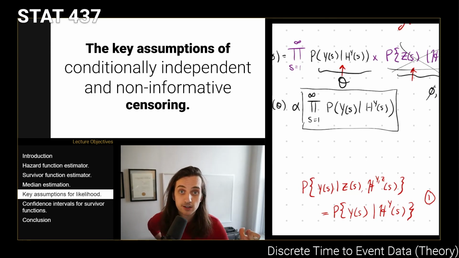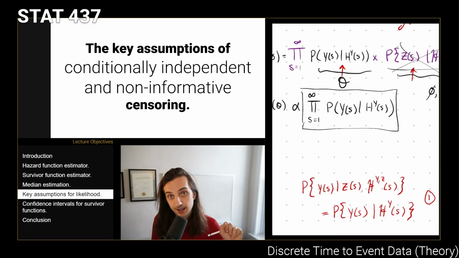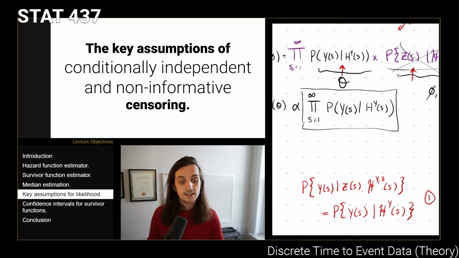We would have better, lower variance estimators if we included both terms. So conditionally independent censoring is a necessary assumption: if it's violated, we're not going to end up with unbiased estimators. Non-informative censoring, on the other hand, is not strictly required, but it does help ensure that our estimators behave nicely and are efficient.